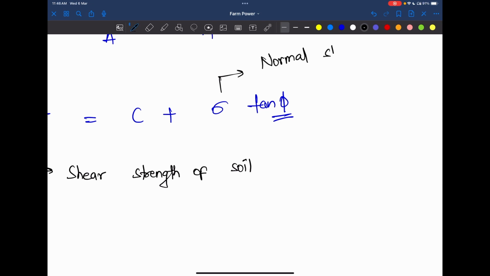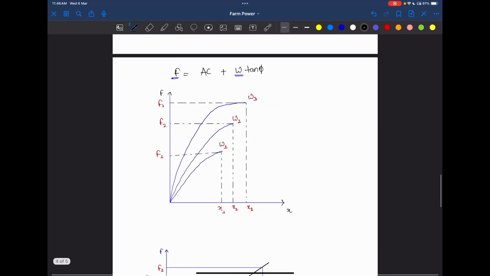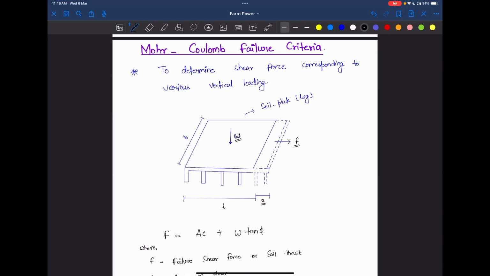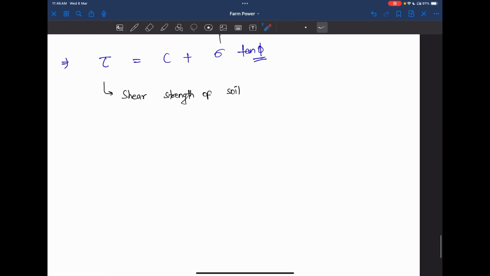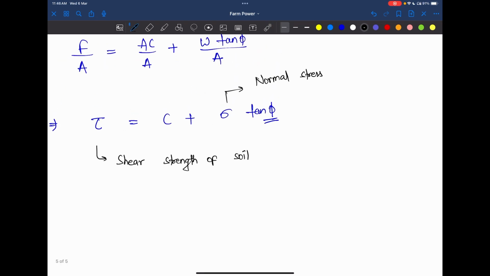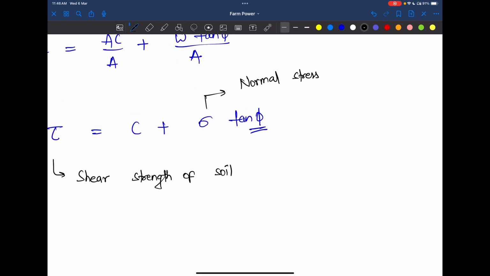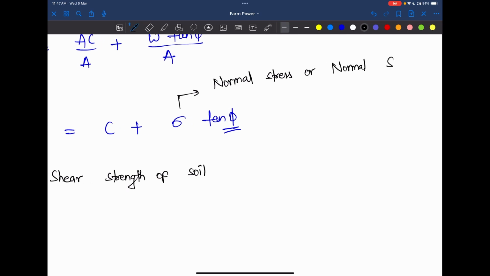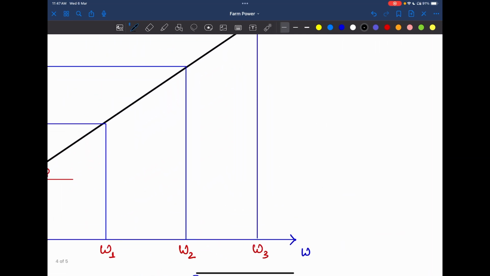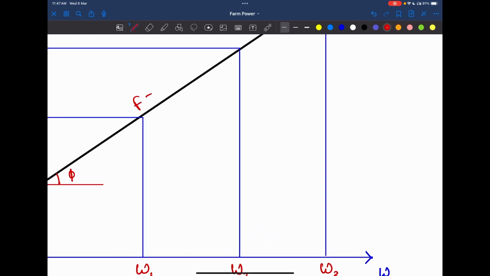Why normal stress? Because the force which is being applied is normal to the surface, that's why it's called normal. So here is the strength of the soil and normal stress, or it can be called normal soil pressure. And this equation can be written as F equal to AC plus W tan phi.